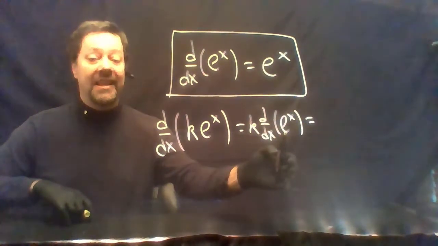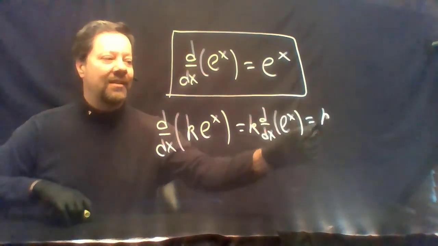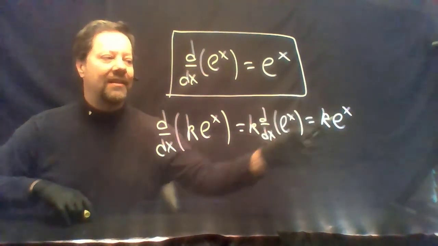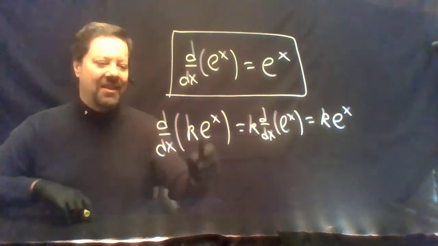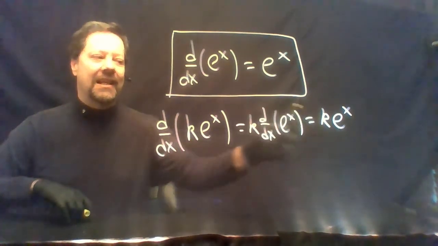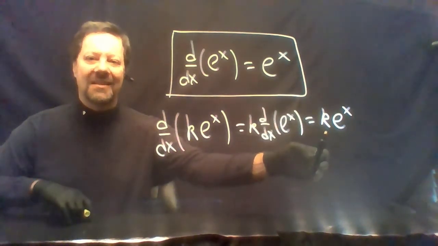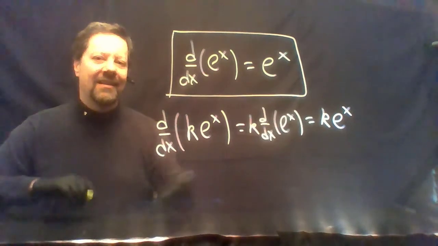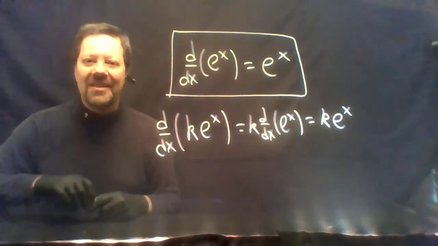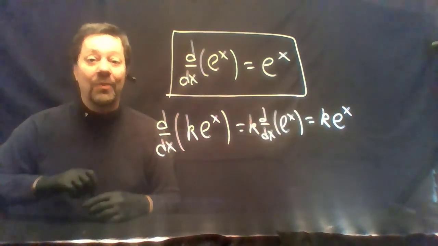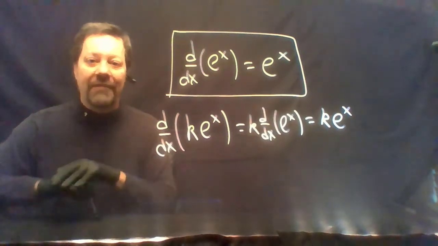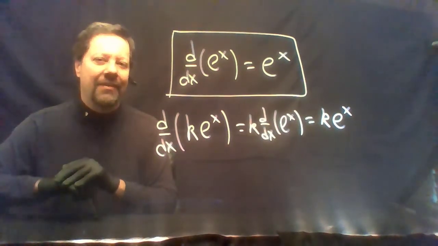And the derivative of e to the x is e to the x. So I get that constant times e to the x. So any constant times e to the x has derivative equal to itself. The existence uniqueness theory from differential equations will imply that these are the only functions that have derivatives equal to themselves.